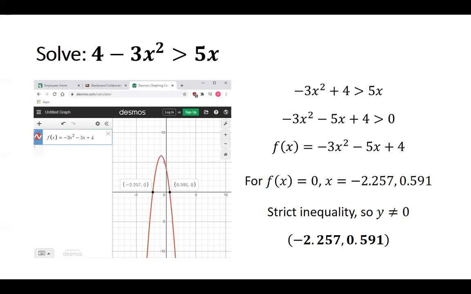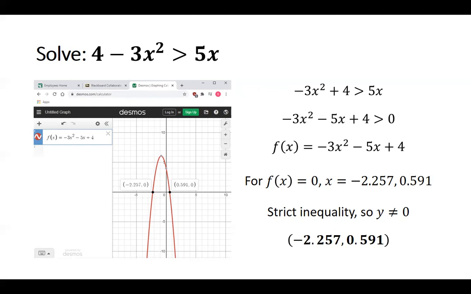Now, one thing to take note of is there are not always x-intercepts. If the graph opens down and the vertex is below the x-axis, then there is no x-intercept.